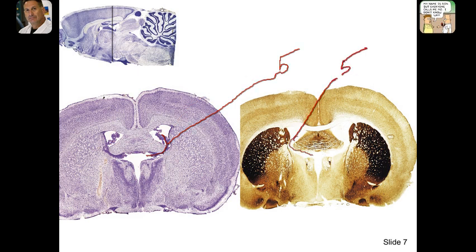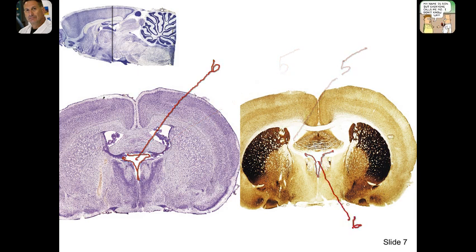We have the third ventricle. We have this white matter tract that comes from the hippocampus going towards the mammillary bodies, and this is the fimbria part of it.